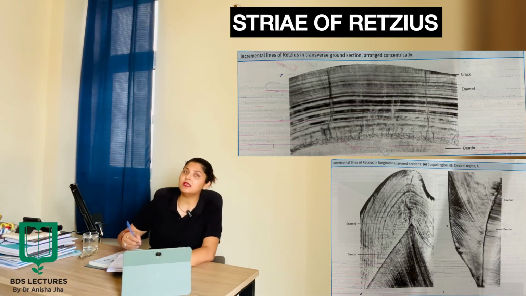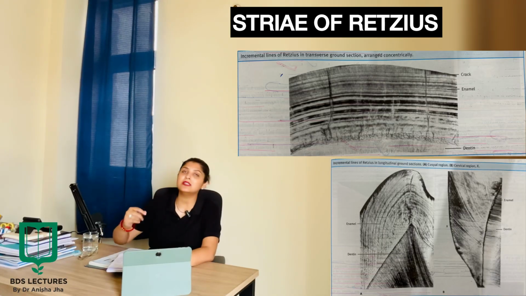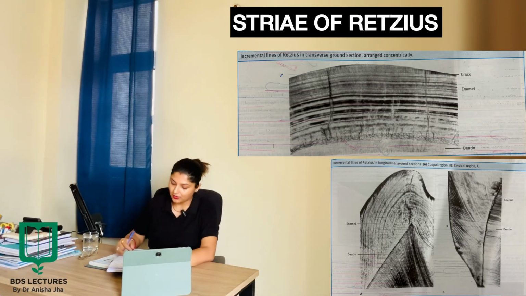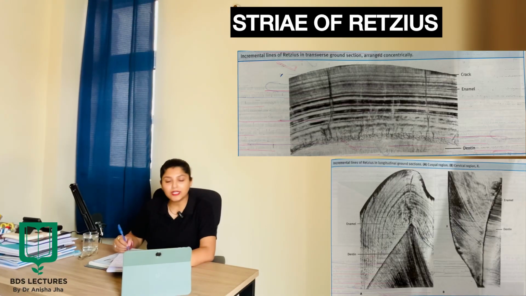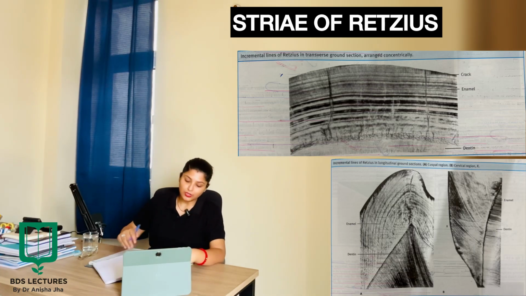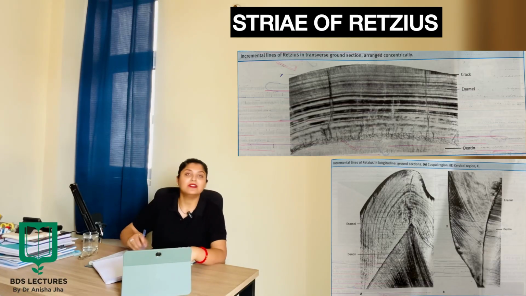Either the enamel is hypomineralized or the enamel is hypermineralized, that occurs during the growth of the enamel. The incremental lines have been attributed to periodic bending of the enamel rods, to variation in the basic organic structure, or to a physiologic calcification rhythm.